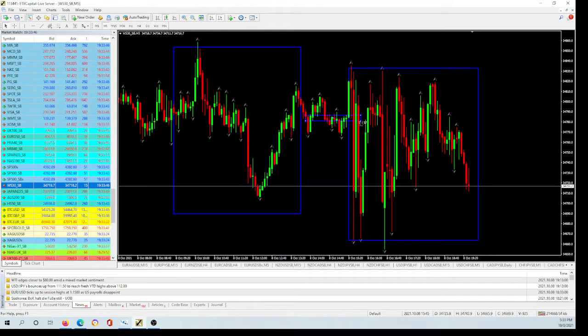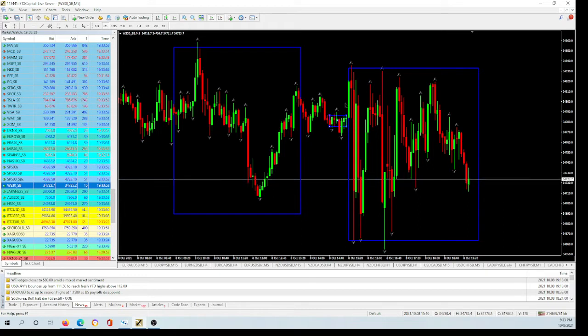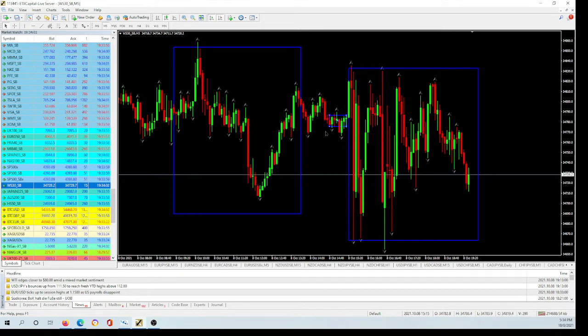You don't want to touch a consolidating market like this. It's not good for a scalper. You're just waiting to get your direction, which direction you want to go. So this is where you wait and wait for those directions to come.